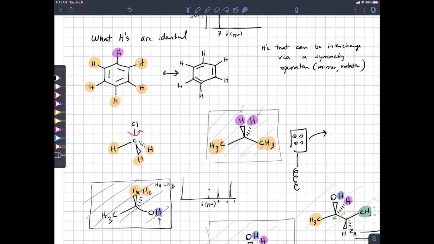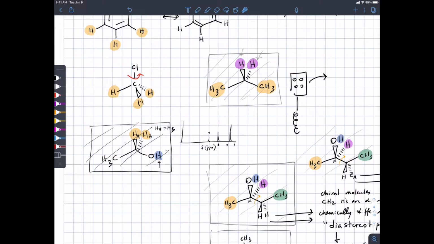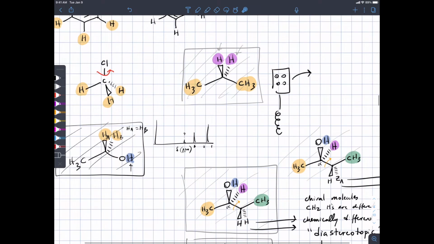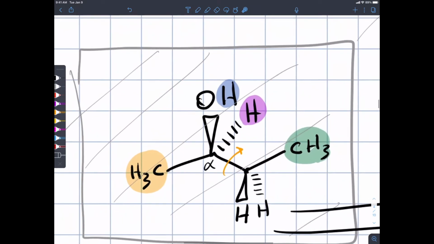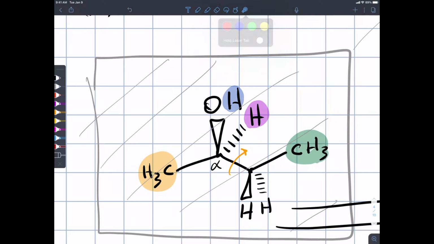It gets a little tricky, and this is mostly a preview for your 353 lab where this will become important. If a molecule is chiral, suddenly CH2 protons are not identical anymore. So if we look at this chiral molecule, we've got a stereocenter here. Here is an OH group.